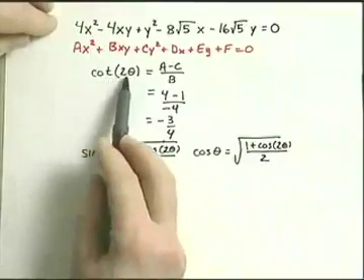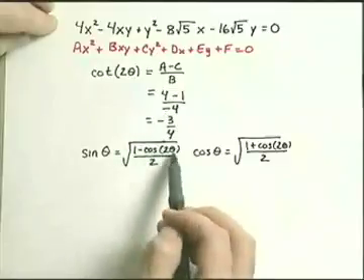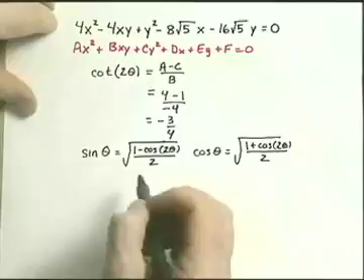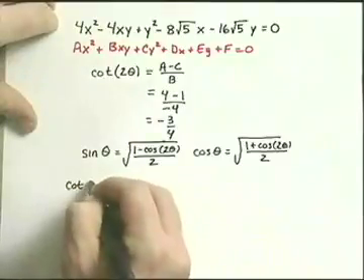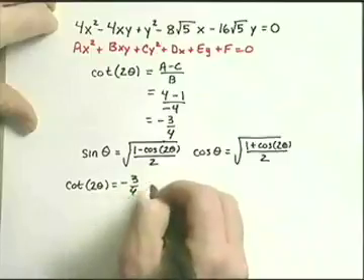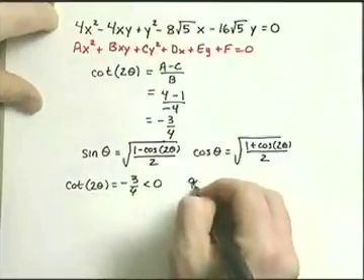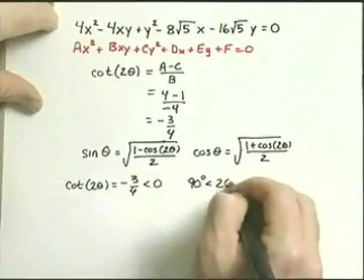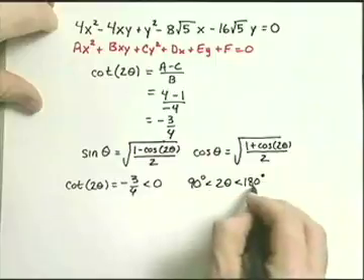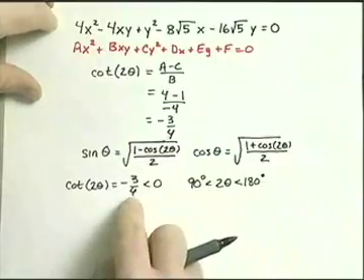Well, I know the cotangent of 2 theta is negative 3/4. Therefore, it's pretty easy for me to figure out the cosine of 2 theta. Because the cotangent of 2 theta is negative 3/4, which is clearly less than 0, I know that 2 theta is going to be between 90 degrees and 180 degrees, because the cotangent, again, is negative.